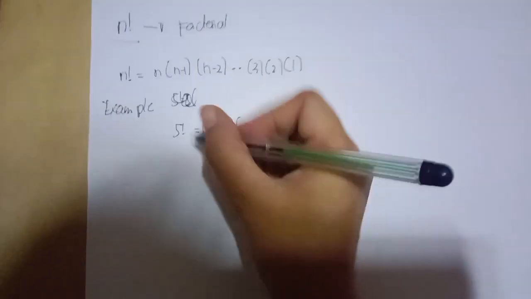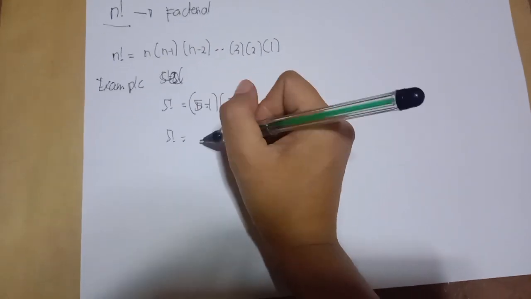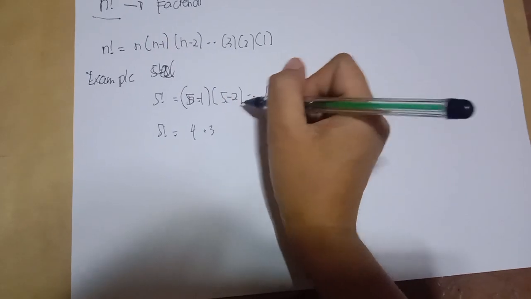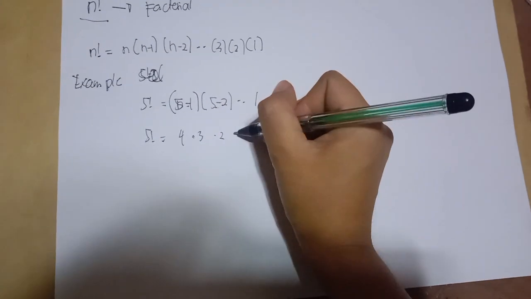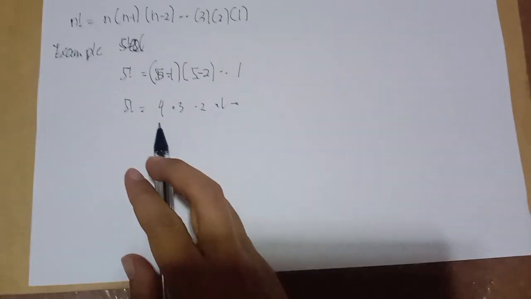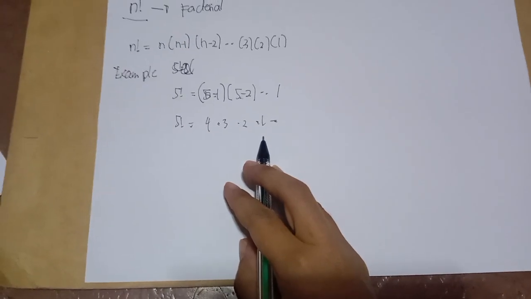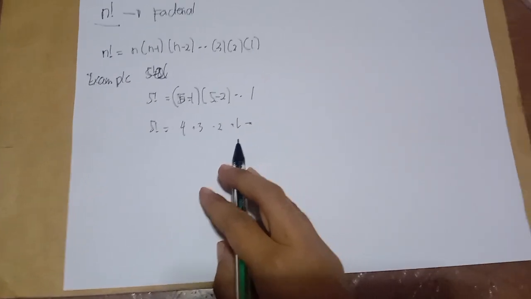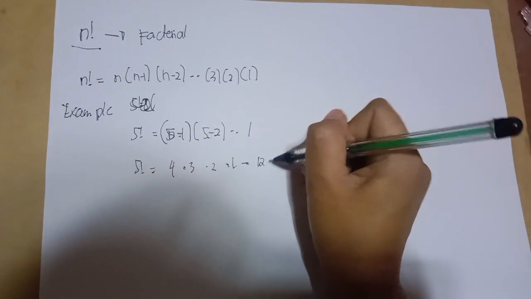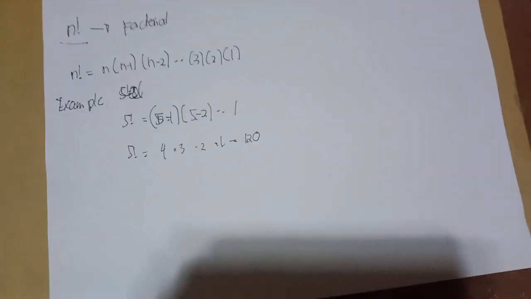So 5 factorial equals 5 times 4 times 3 times 2 times 1. We need to multiply this: 4 times 3 times 2 times 1 equals, what is the answer? The answer is 120. Okay, get it? Then we have the example here.